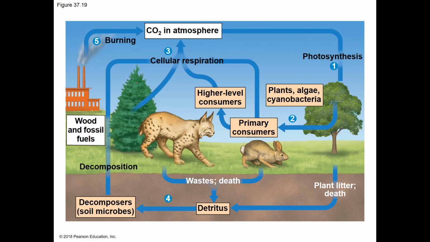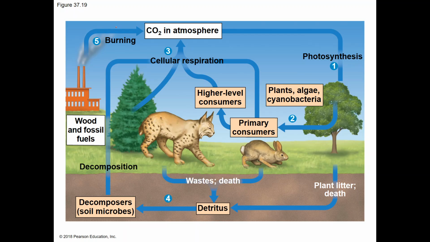So if we take number 5 out of this equation, this would be a really efficient way to cycle carbon dioxide in the environment. But one thing that's happened is that we have increased the use of fossil fuels and the burning of carbon-based materials.